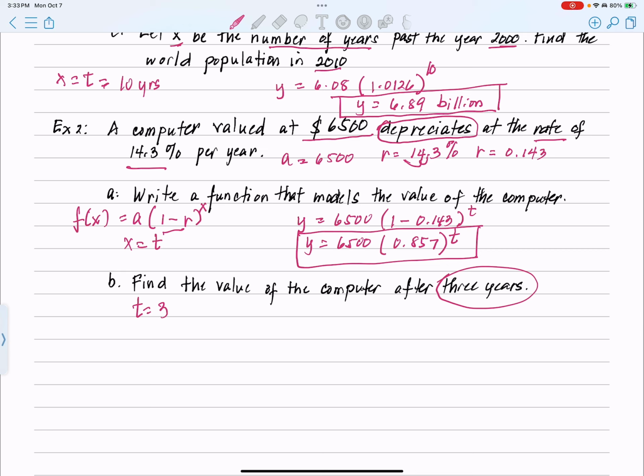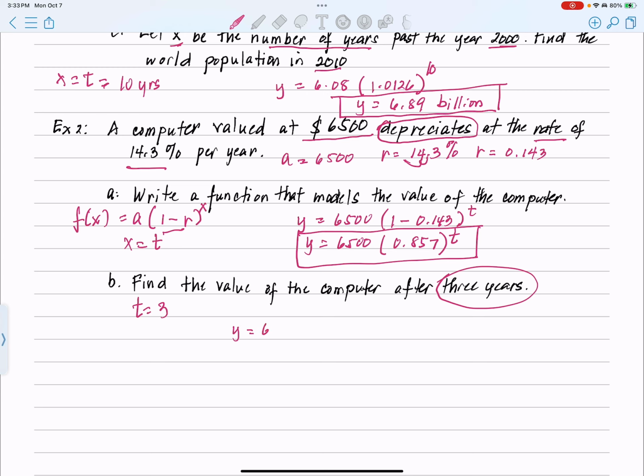What would be the value? Since it's decay, it will depreciate, and the problem says depreciates. So if you come up with an answer greater than 6,500, then your answer is wrong. It should be less than 6,500 because it depreciates.